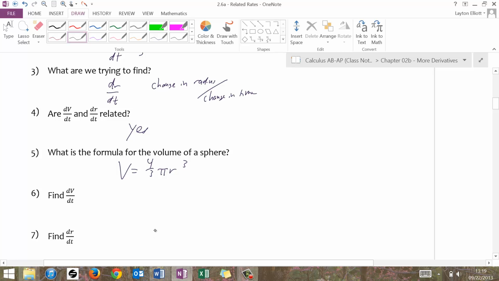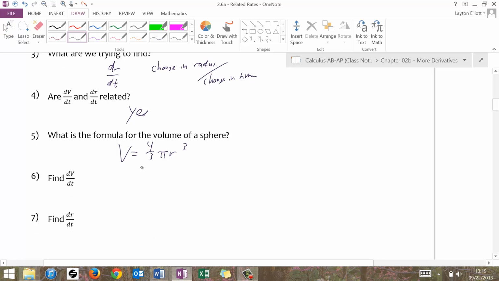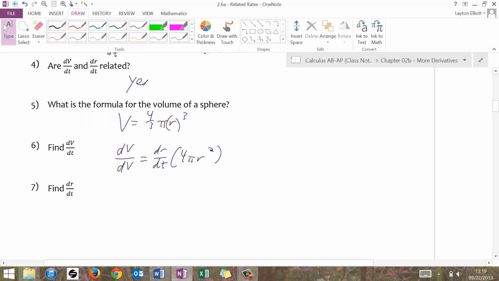So what we're going to do is take the derivative of both sides of this with respect to t. So I'm going to say dV/dt equals, then the derivative of r here, which is dr/dt, and then the derivative of everything is 3 times 4/3, or 4 pi r squared. So I just took the derivative of both sides with respect to time, a new variable.